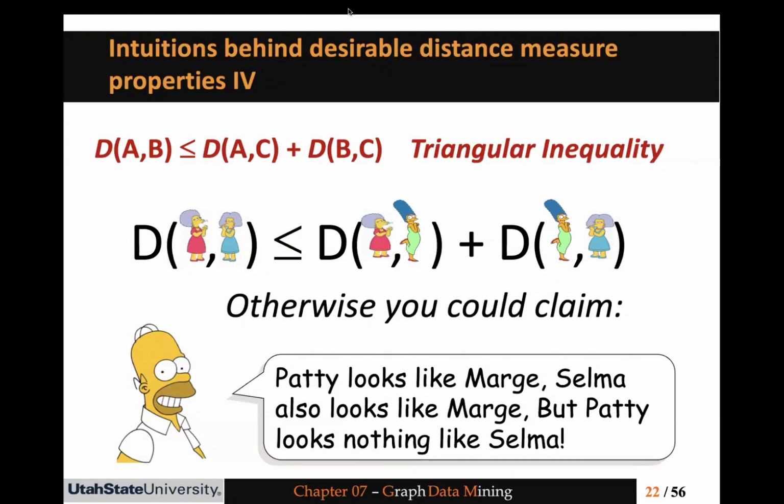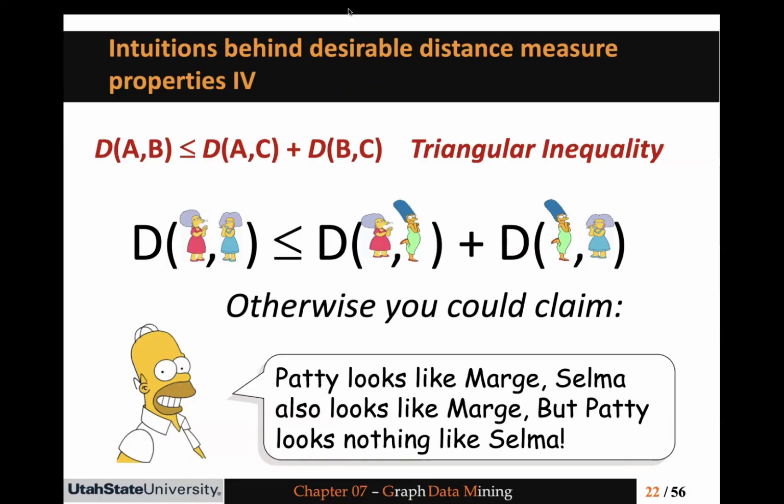The final one is kind of the hard one, and it's hard to satisfy from a distance measure perspective, but it is one of the main criteria which makes the distance measure a metric. This is known as the triangular inequality.